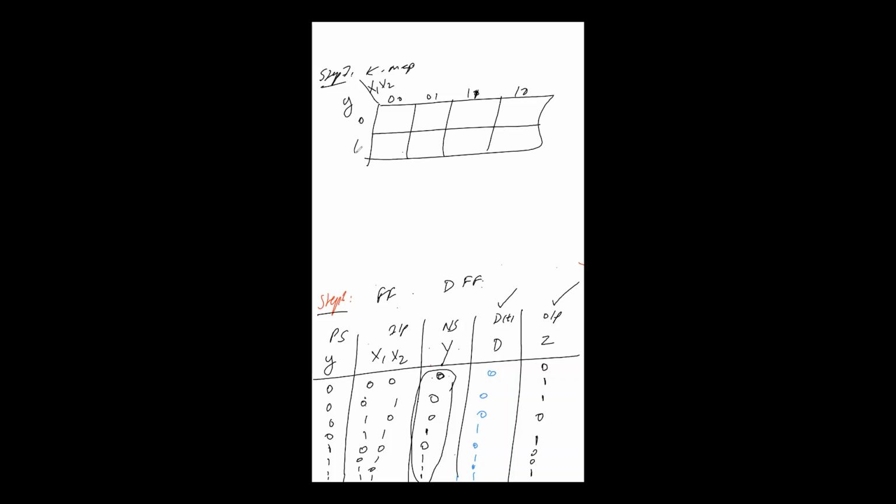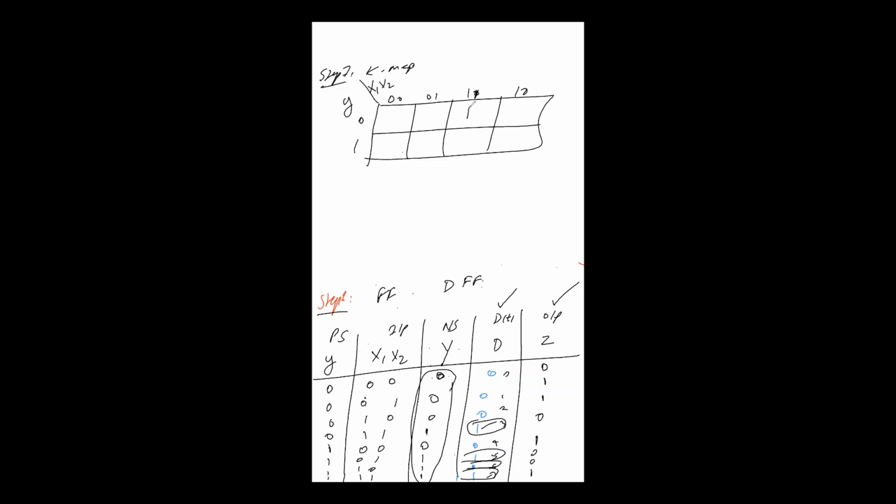For Y, right now I will fill it for the D flip-flop. Input to D flip-flop, it is 1. You can see it is 1 at 4. So sorry, 3. So this is 0, 1, 2, 3, 4, 5, 6, 7. So it is 1 at 3, 5, 6, and 7, right?